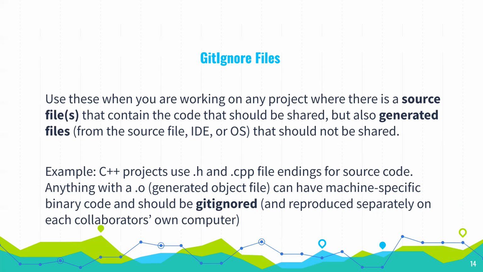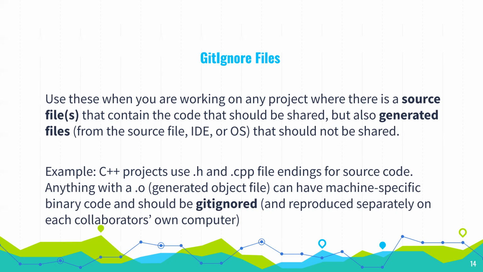Let's say on your VS Code you want dark mode, and someone else wants light mode. Other people will pull your changes, and that will have light mode for that project. That's not what you want to have happen.